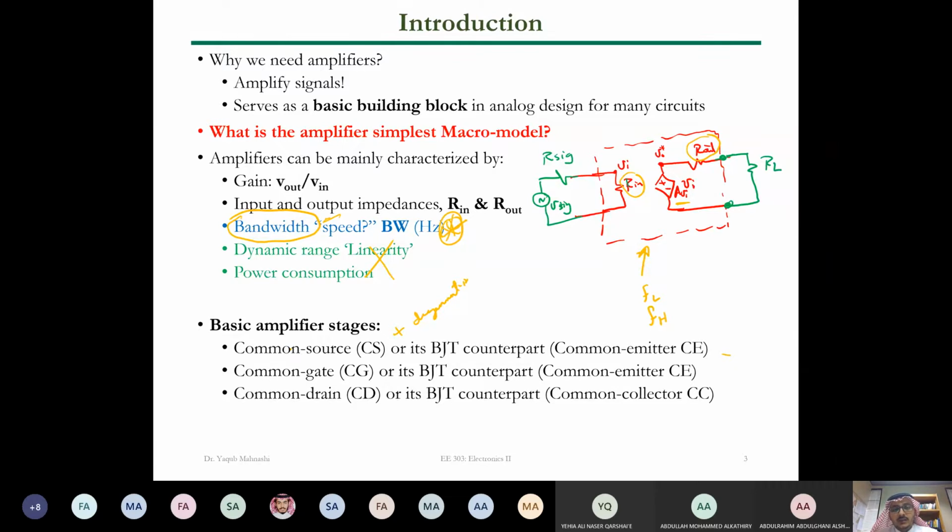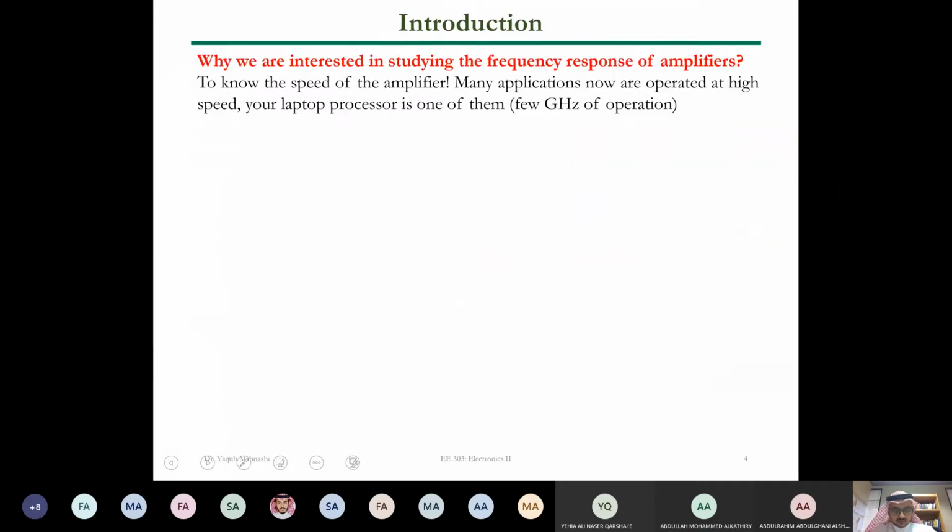Of course, when we analyze the frequency response, we will remind you again and again about the gain of these stages. And we'll study the frequency response of these stages. Right. So answering this question, why we are interested in studying the frequency response, actually we want to quantify the speed of the amplifier or the bandwidth, in other words.